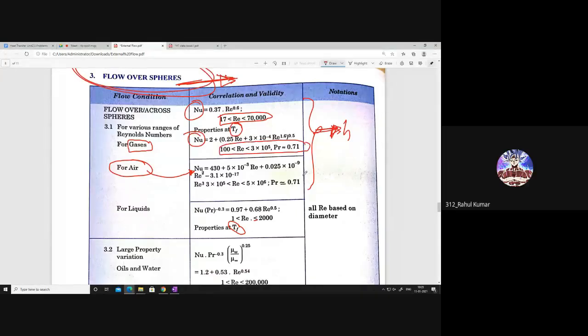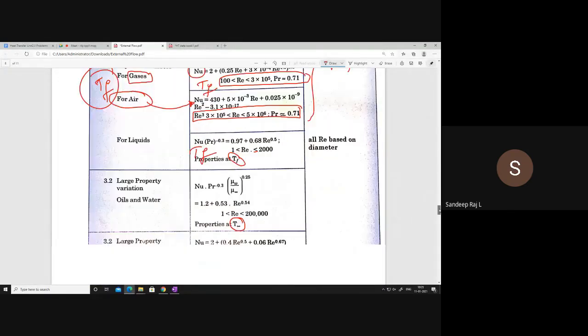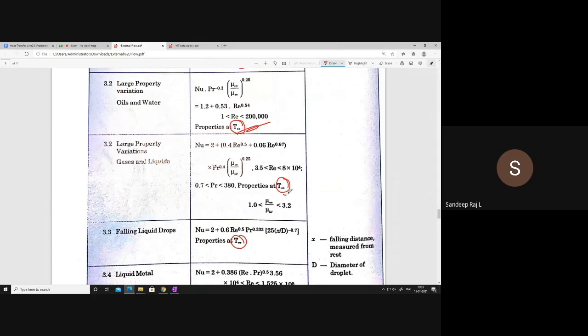Excuse me, sir. Yes, tell me. For the air condition, they haven't mentioned any explicit condition like properties at TF or T infinity. Yeah, TF only. Here it is TF. All the cases are TF only. If it is not mentioned, take it as TF. In the second case, you can see that it is T infinity.